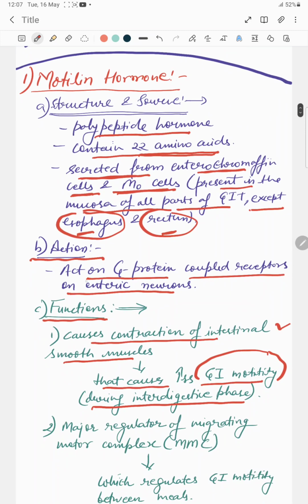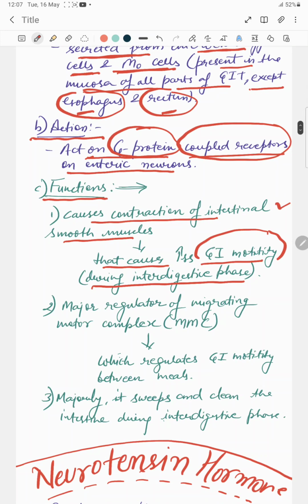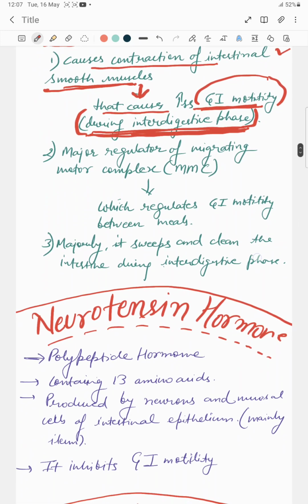The action of motilin is via G protein coupled receptors, and its main function is to cause contraction of intestinal smooth muscles, which finally increases GI motility during the interdigestive phase. This has to be clear in all your minds: it increases GI motility during the interdigestive phase, the phase between two digestive hours, like between breakfast and lunch.